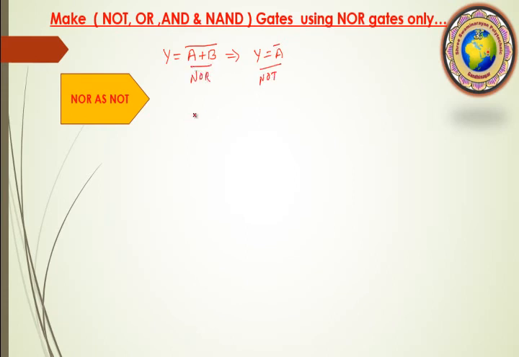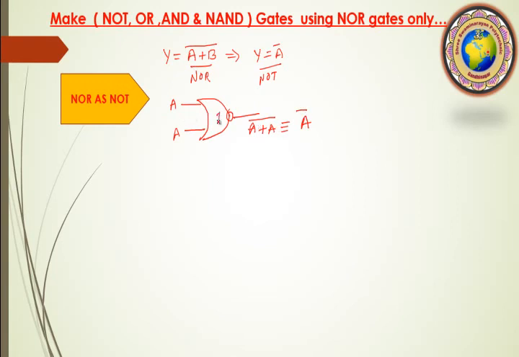So how can we convert this NOR gate into a NOT? Here there is a single input. That's why here, instead of 2 inputs, I take the same input, and then this is given into the NOR. So this is our symbol of NOR. So what happened? Instead of B, here I take A. So (A plus A) whole bar. By using the Boolean law, A plus A we take as A. So A bar.